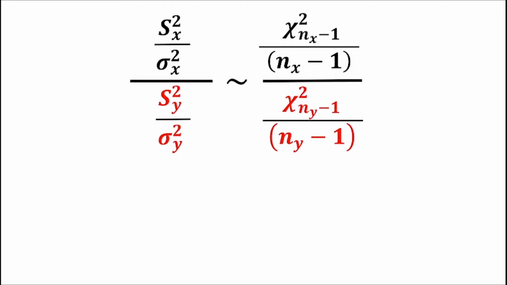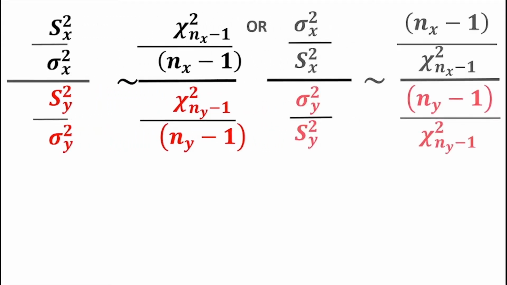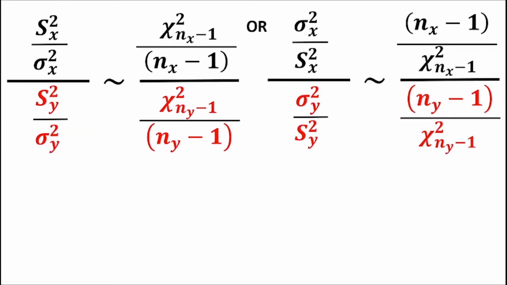And now on the left-hand side, we've got an expression, a nested fraction, that is the sample variance over the population variance for both distributions. And if you can see, we do kind of have the ratio of one to the other. Now, we've done a lot of fraction manipulation here. It would be fair to state that the reciprocal of what we have here is also true.